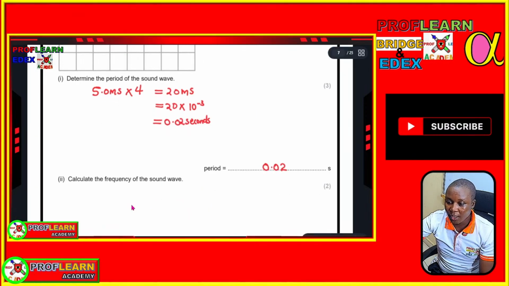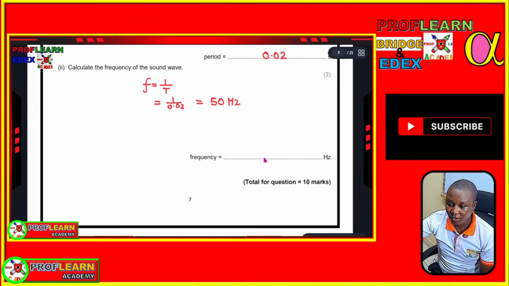We are supposed to work out the frequency. We need to remember that the formula for frequency is 1 over period, so using the time period we have gotten, it is going to be 50 hertz. 50 hertz is the frequency of this particular sound.